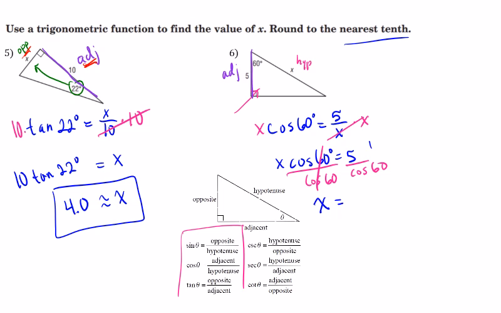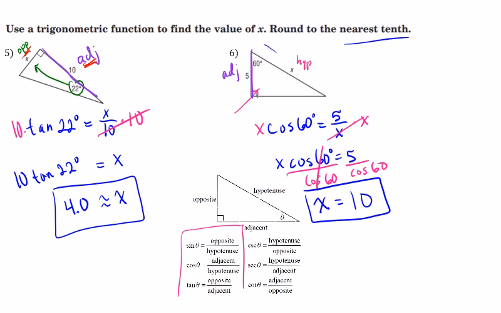Now that we have it set in degree mode, we can just plug that right in. We don't have to check anymore for degree mode. So it'll be 5 divided by cosine 60, push enter, and what you'll get is 10. So that's the answer for number 6.